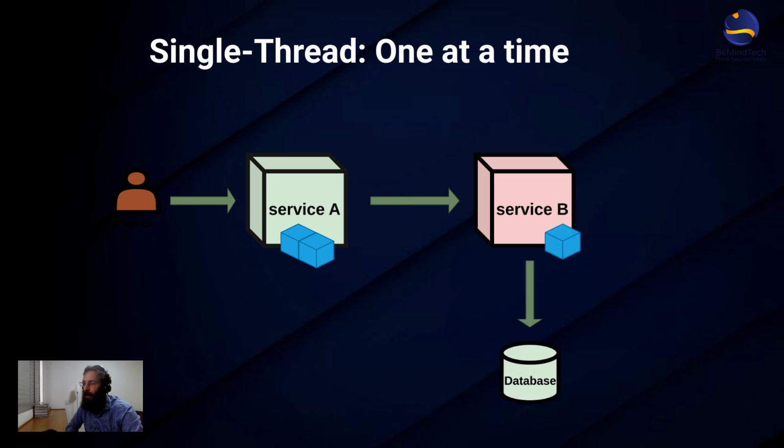So the first request is sent to service B, which processes it.